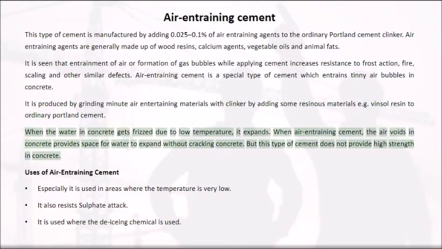When the water in concrete freezes due to low temperature, it expands. With air entraining cement, the air voids in concrete provide space for water to expand without cracking the concrete. But this type of cement does not provide high strength in concrete.